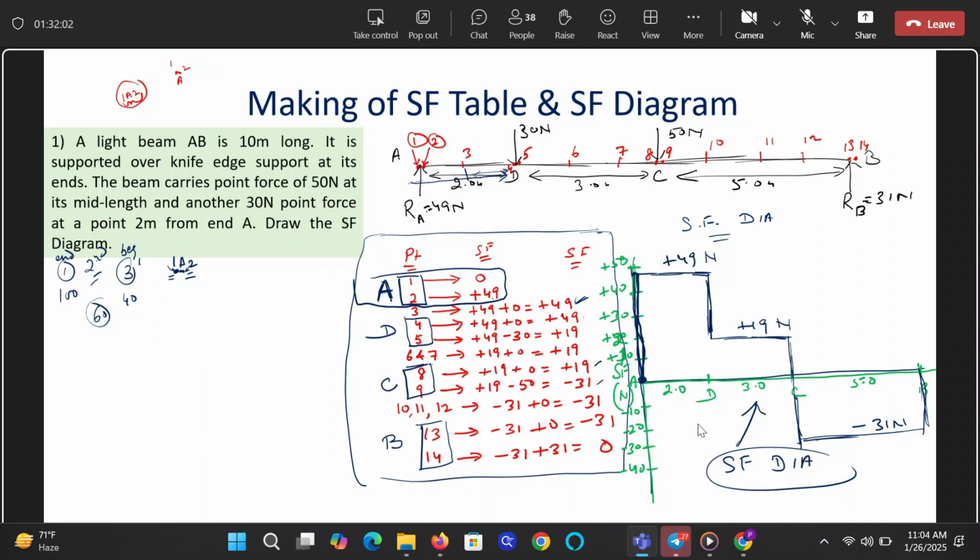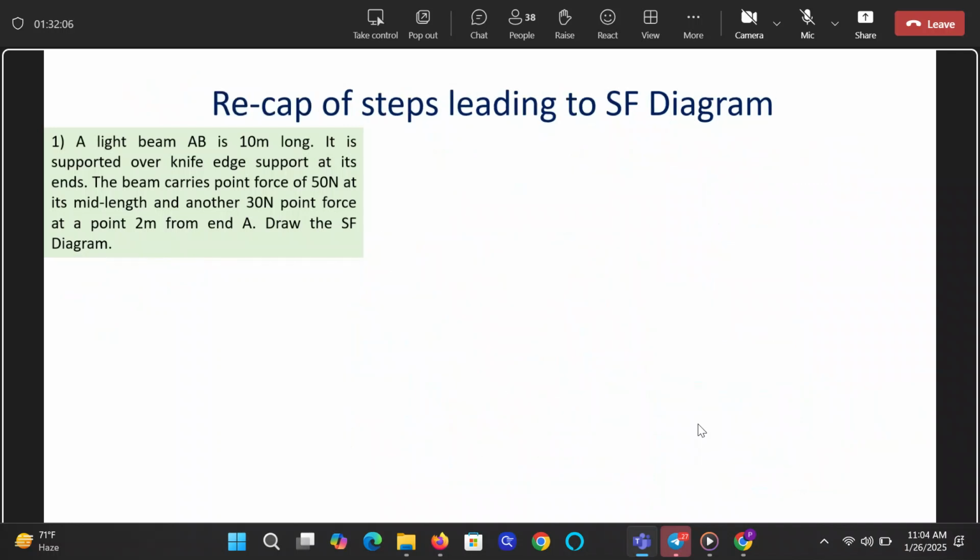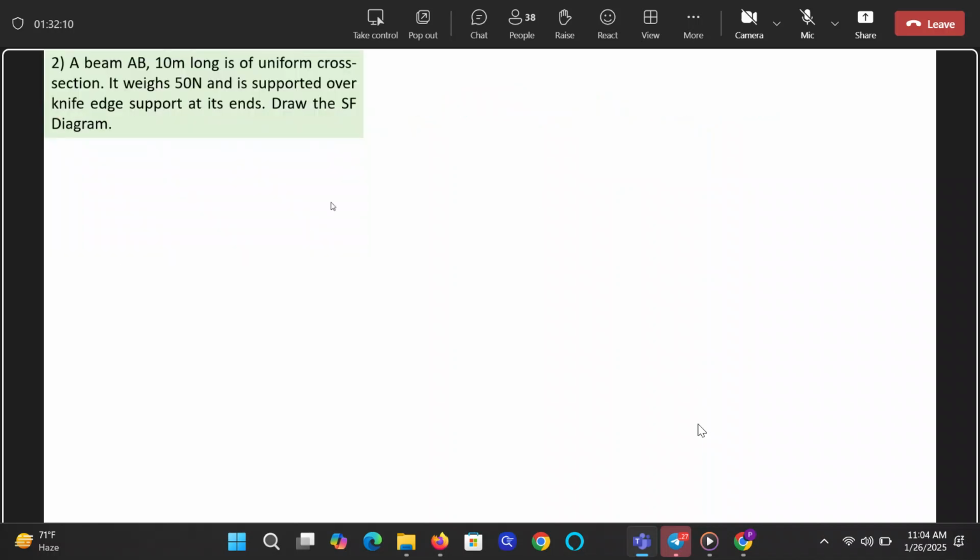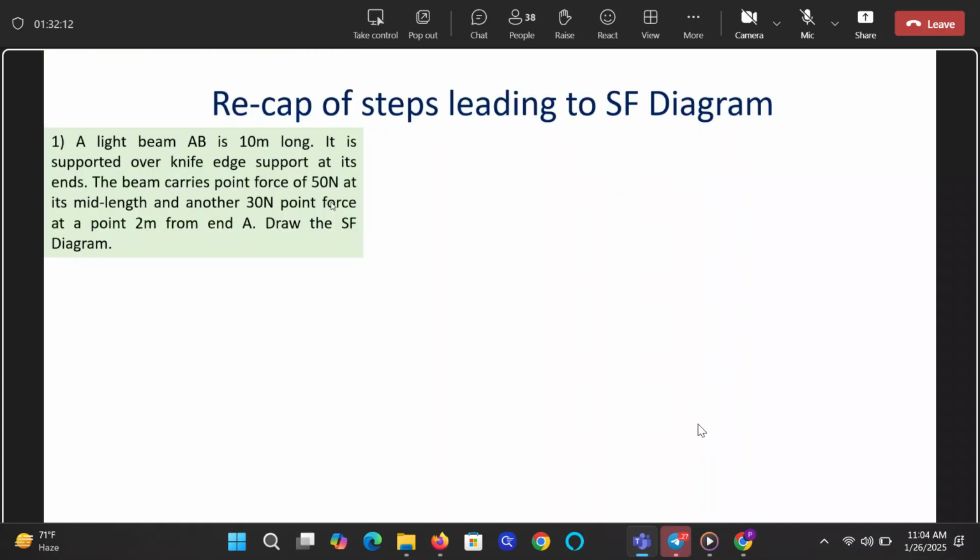Now, what I'll do is I'll do this question in an informal way. Of course, it's a recap of the points, but I'll do it here. Let me do this question completely from end to end. And today I'm only focusing on shearing force, guys.